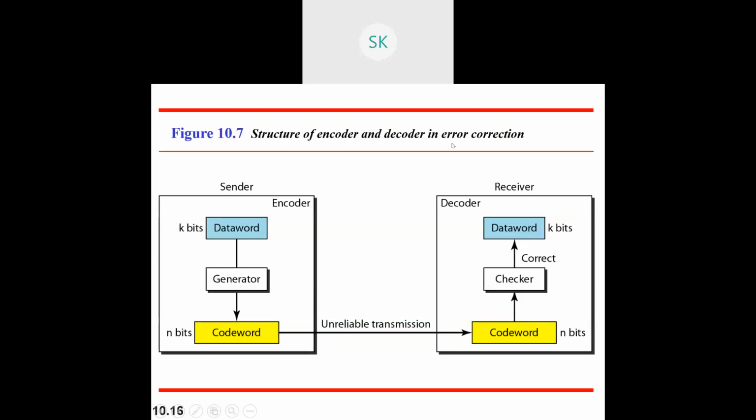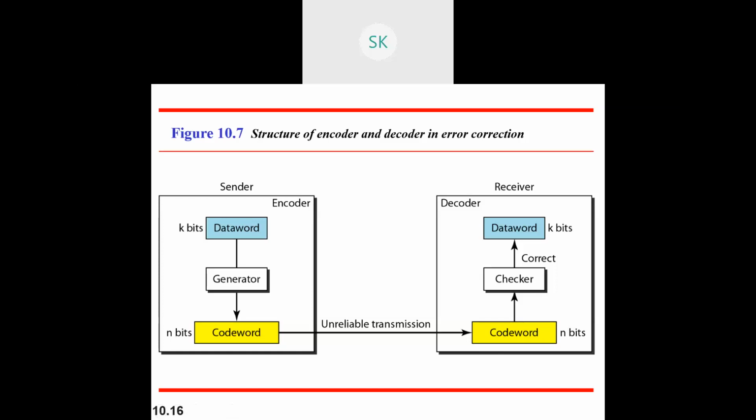So, the structure of encoder and decoder in the error correction method. With respect to error correction, we'll never discard the data. In detection, we'll either discard it or accept it. In the error correction method, we'll see the code word and check it. We'll identify the bit where the error has occurred.